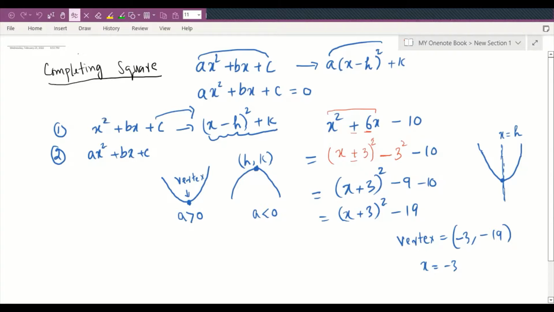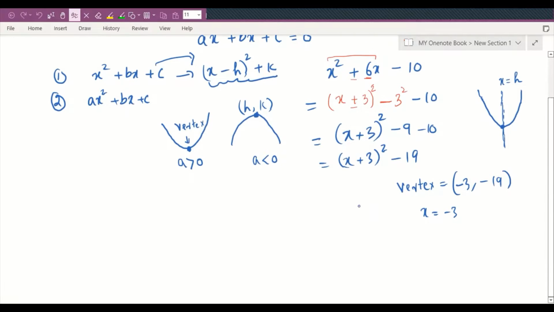So this is the first case, where the coefficient of x squared is just 1. Now let's move to the second part, where we can have a value of a other than 1. It can be negative or positive, but it will be more than 1 or less than 1. So what is the case if I have that?